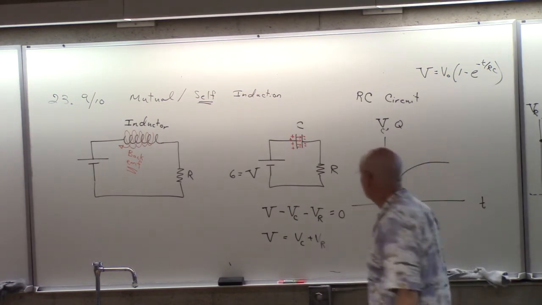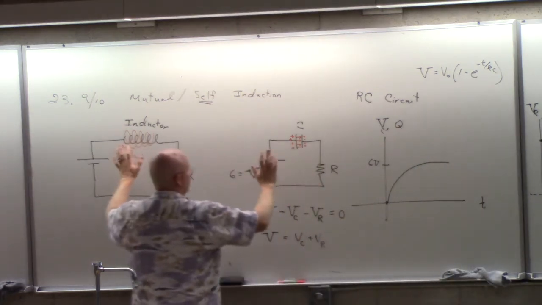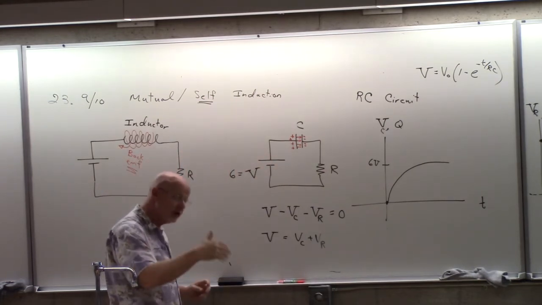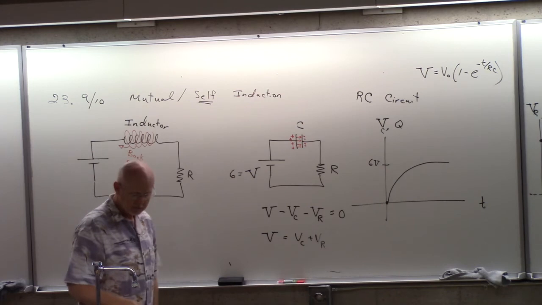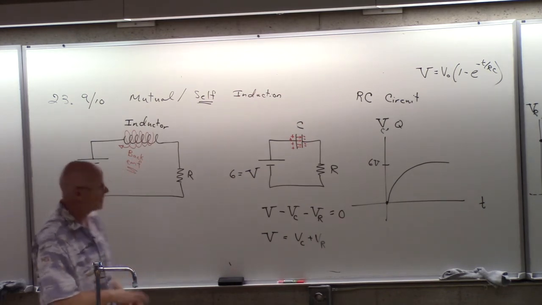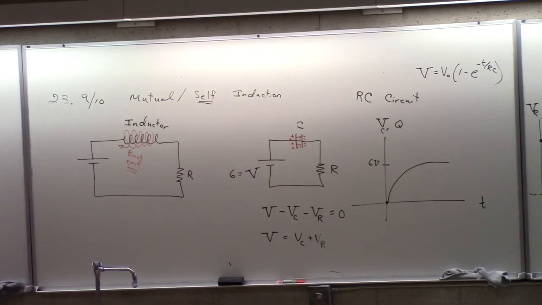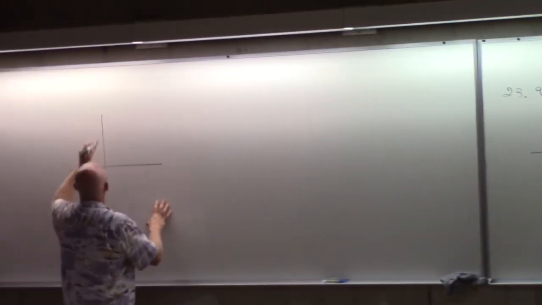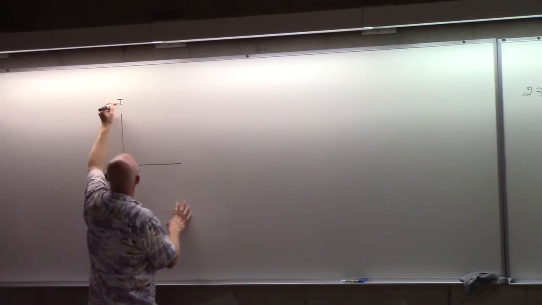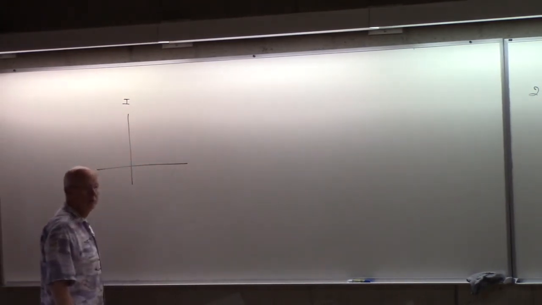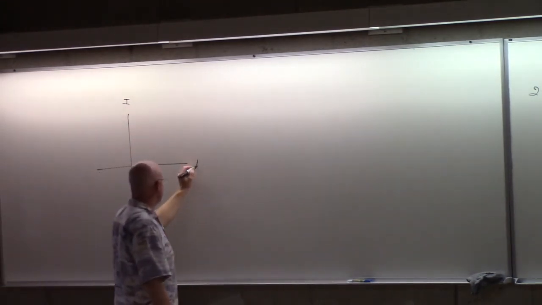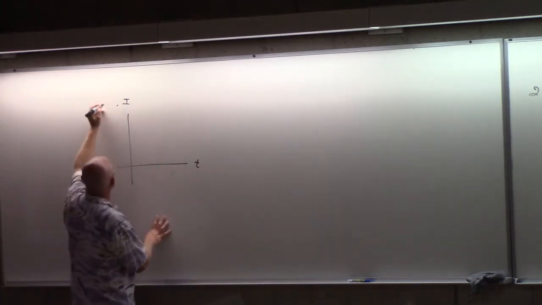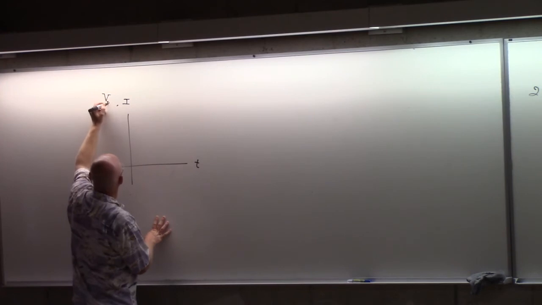And so these two have a lot of similarities, but you also might say they're kind of the reverse of each other. In other words, here's kind of what I would expect. If I were to make a plot of the current versus the time, you might even say the current is the same as the voltage on the resistor.